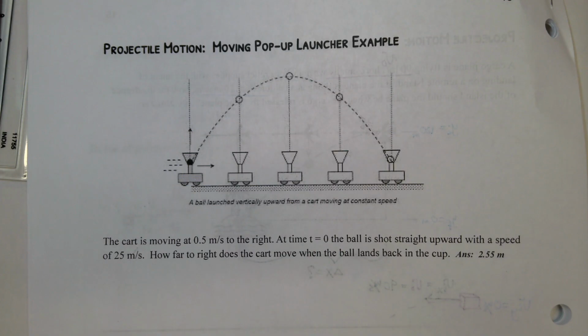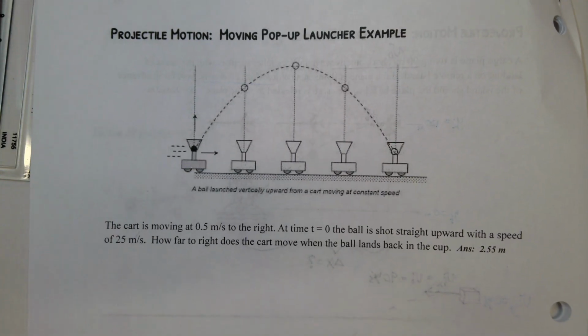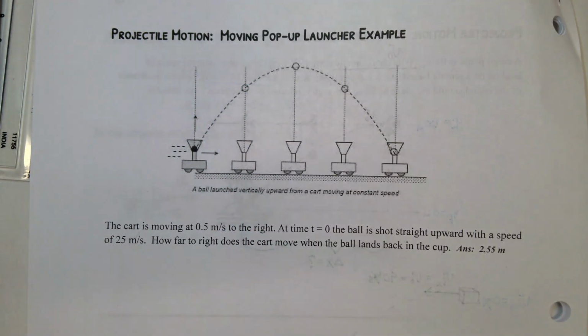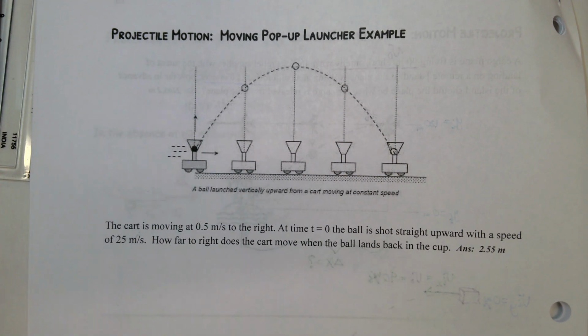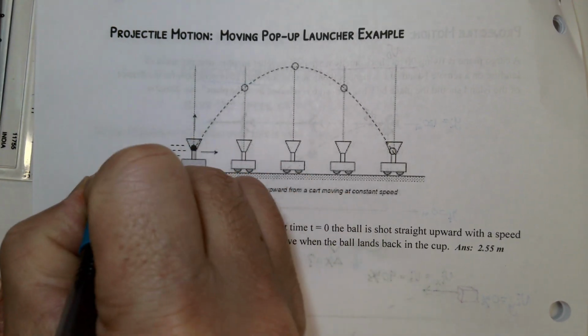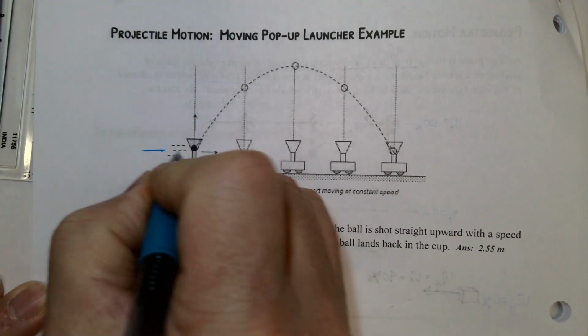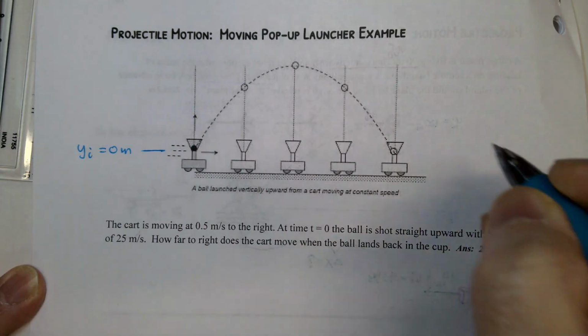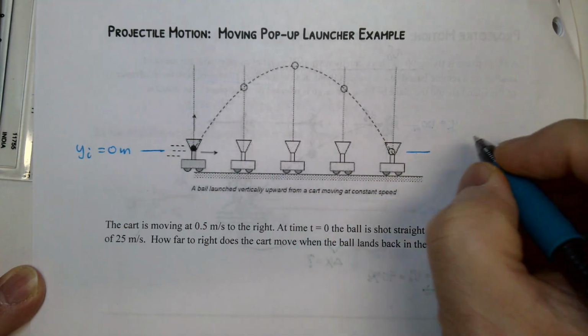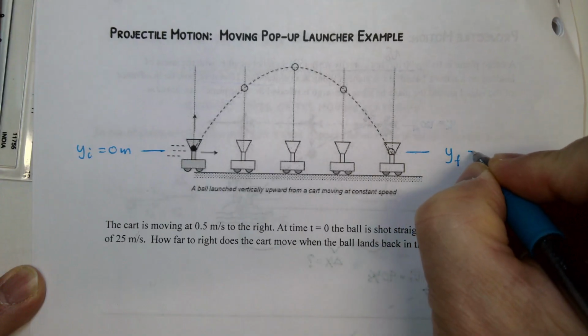All right. So if we were to look at this, the ball, even though it's shot up, it also has horizontal velocity that is exactly same as the cart. Okay, so initial position of the ball right here, right? The initial position of the ball, y initial, happens to be 0 meters, but the final position here is also 0 meters.